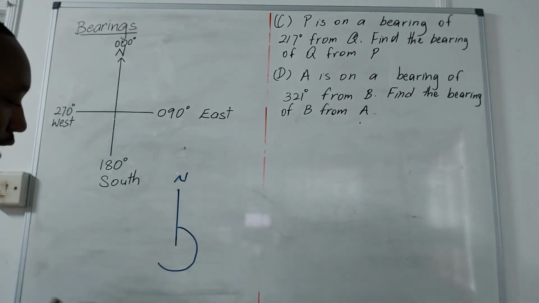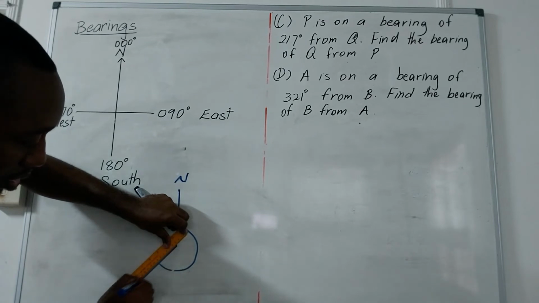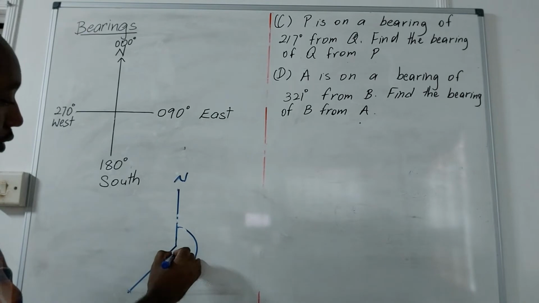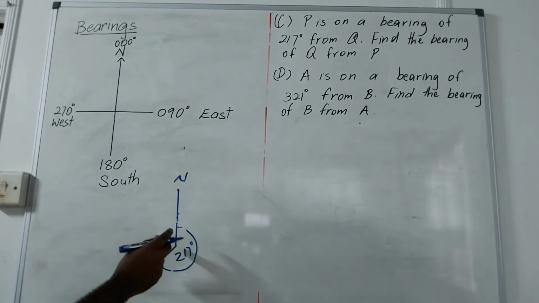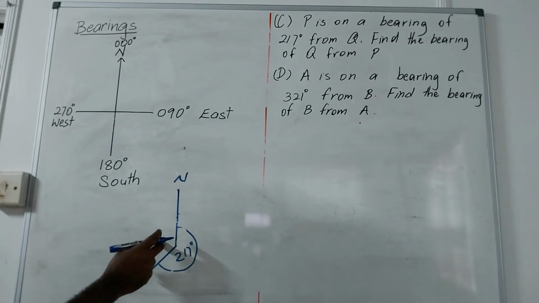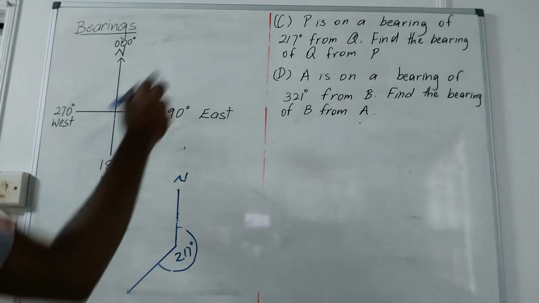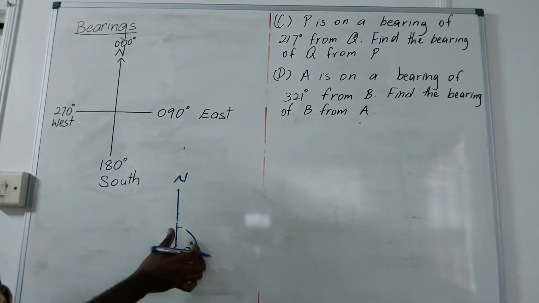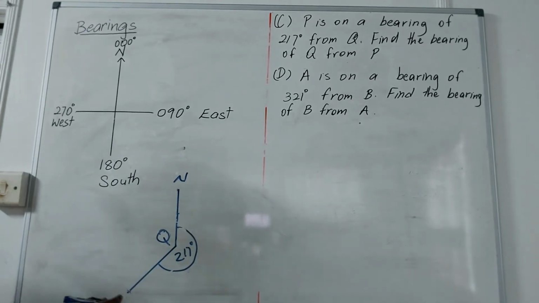So here we have 217 degrees from north, and our starting point, if it's from Q, this point here will be Q. We're measuring from Q, and here is P.